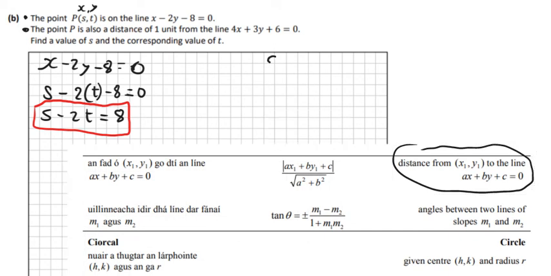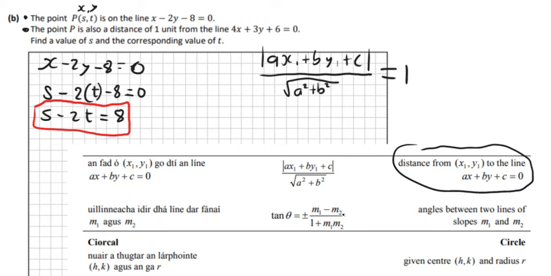So the absolute value of a x1 plus b y1 plus c, over the square root of a squared plus b squared, and that will all be equal to 1 in this case.